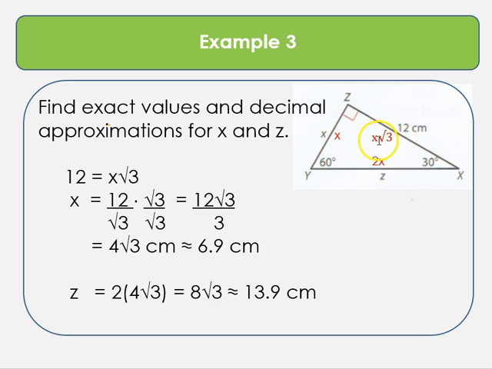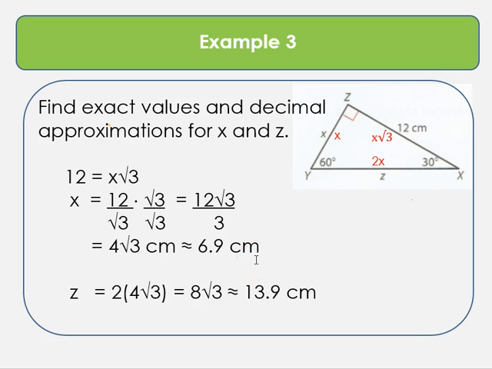So to get x, you have to divide by the square root of 3. So 12 equals x square root of 3, and x equals 12 divided by the square root of 3. We rationalize the denominator, and we end up with 12 square root of 3 over 3. 12 divided by 3 is 4, so x is 4 square root of 3 centimeters, which is approximately 6.9 centimeters.